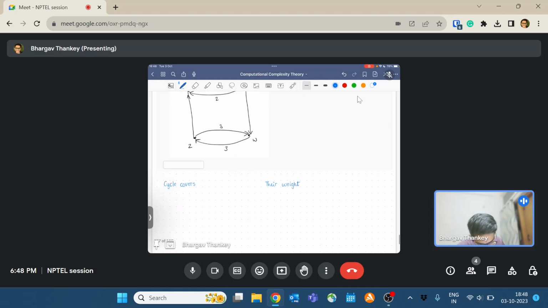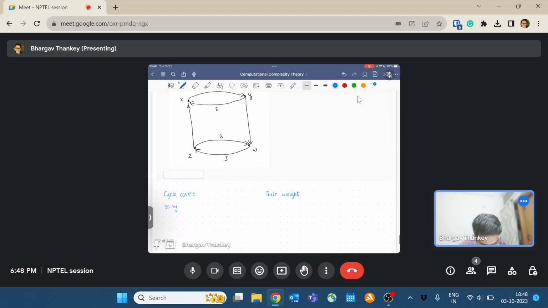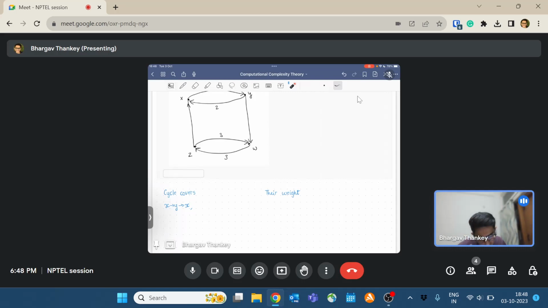So the first cycle cover would be going from X to Y. Now from Y, we have two possibilities, go to W or go back to X. So let's first go back to X. This completes one cycle, but still two vertices are not covered, so we need to cover them.